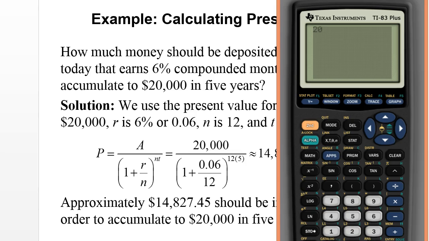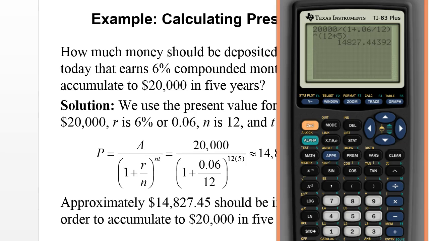All right, so I can just type this in like I see it: 20,000 divided by parentheses 1 plus 0.06 over 12 close parentheses raised to the power of. Now again, I got multiplication down there, so I'm going to put 12 times 5 in parentheses right down there in the denominator.